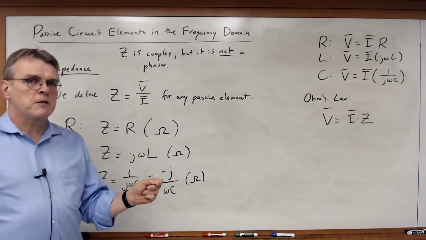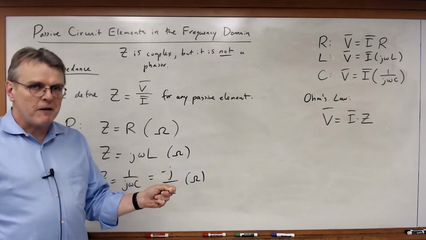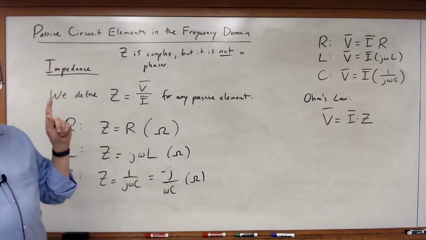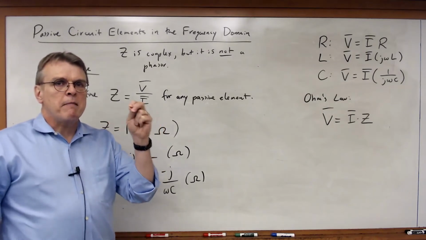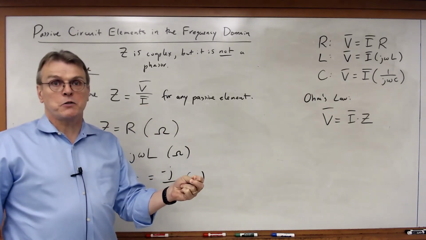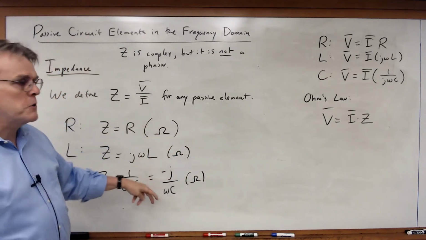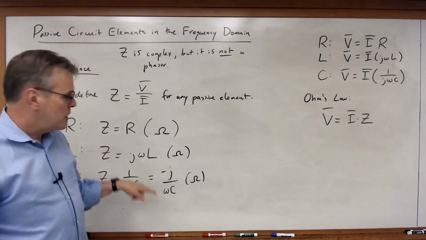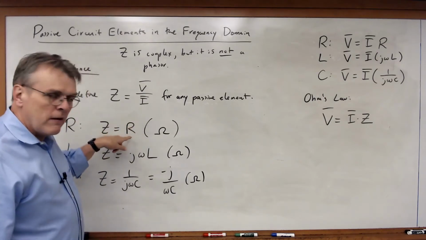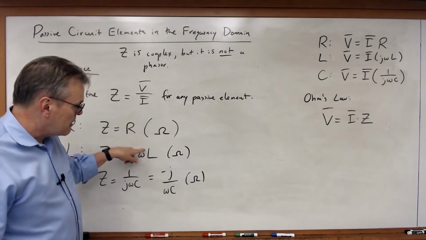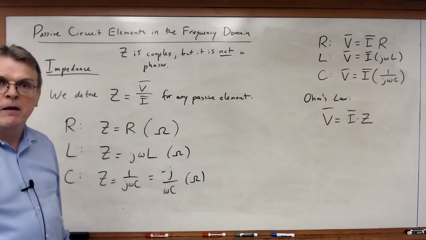Phasors are complex numbers, but not all complex numbers are phasors. A phasor represents the magnitude and phase angle of a sinusoid. But we're not talking about sinusoidal voltages and currents. We are talking about passive elements with particular values of resistance, inductance, and capacitance.